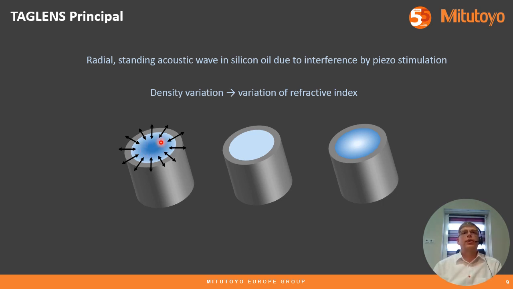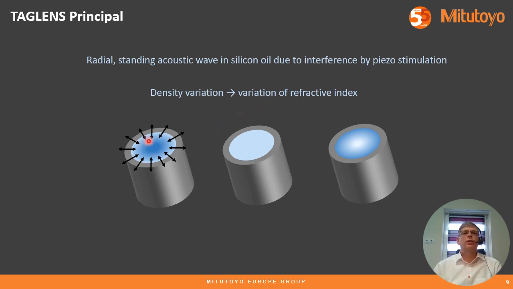This acoustic wave generates a density variation in the liquid. And with the density variation, you also get a variation of the refractive index. So density variation corresponds to refractive index variation.